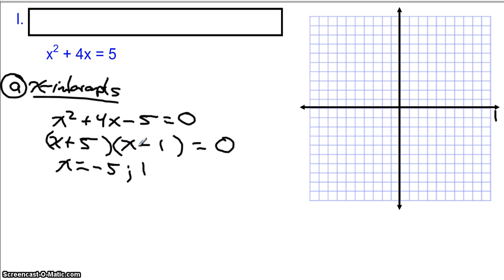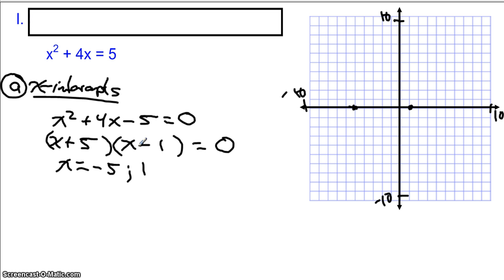So if I have a scale of 10, and I'm a little off calibration, so, oh well. We're going to plot those. We're going to go 1, 2, 3, 4, 5 in the negative direction, and 1 in the positive direction. We have 2 points. As a matter of fact, we have enough information right now to find the axis of symmetry, don't we?